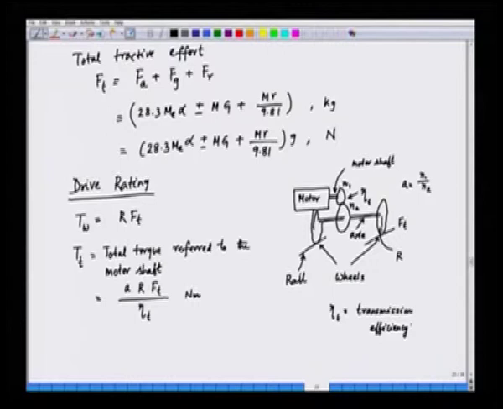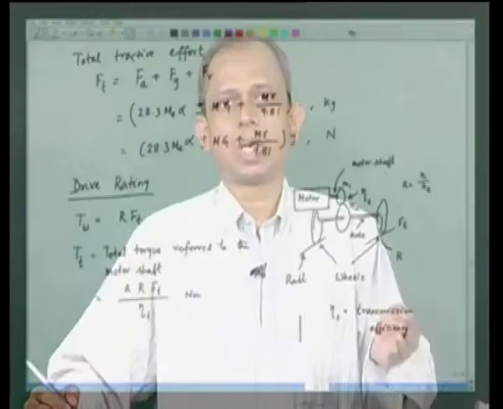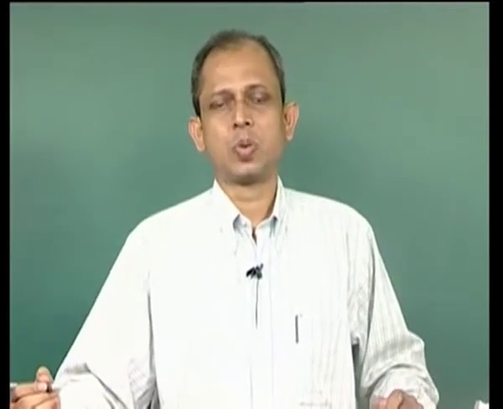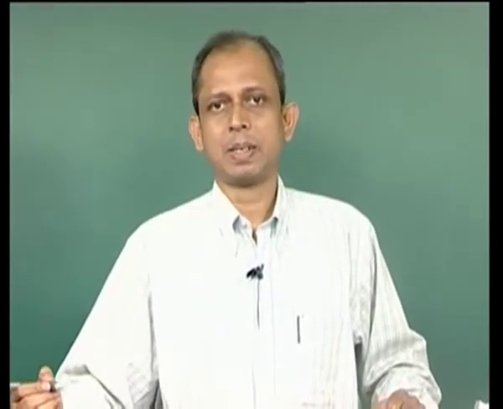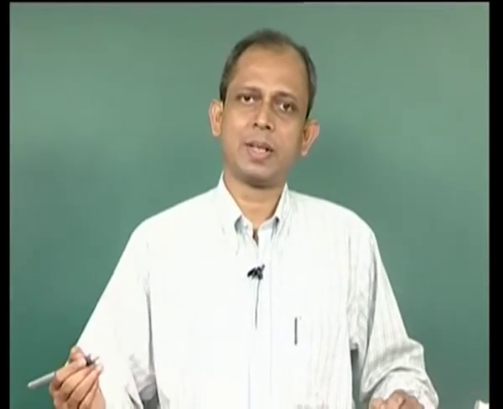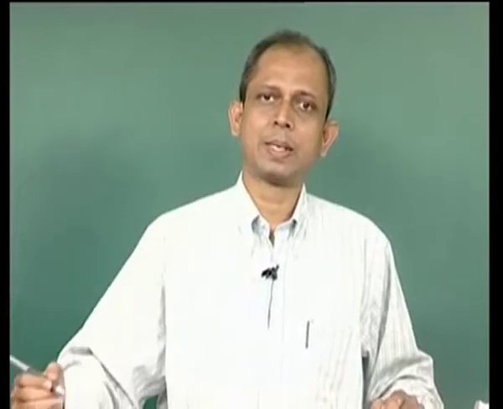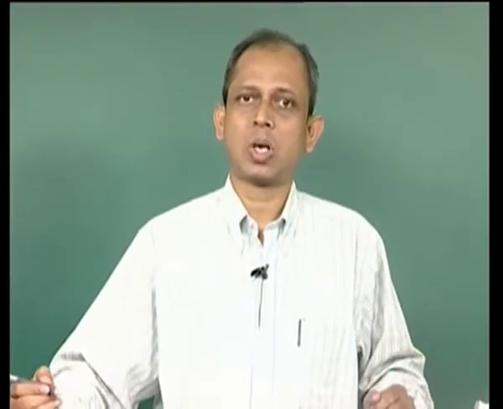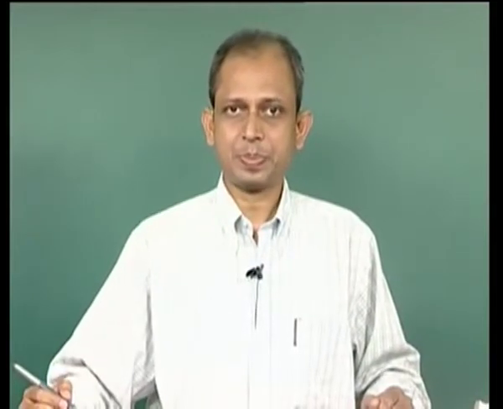So, eta t here is the transmission efficiency. The transmission efficiency is a mechanical quantity. It says how much of the torque is transmitted to the motor, and transmission efficiency is a quantity which is less than 1. It could be something like 0.9, 0.95, and then it is reflected on the motor side. The motor experiences a higher torque than the actual torque at the wheel side.